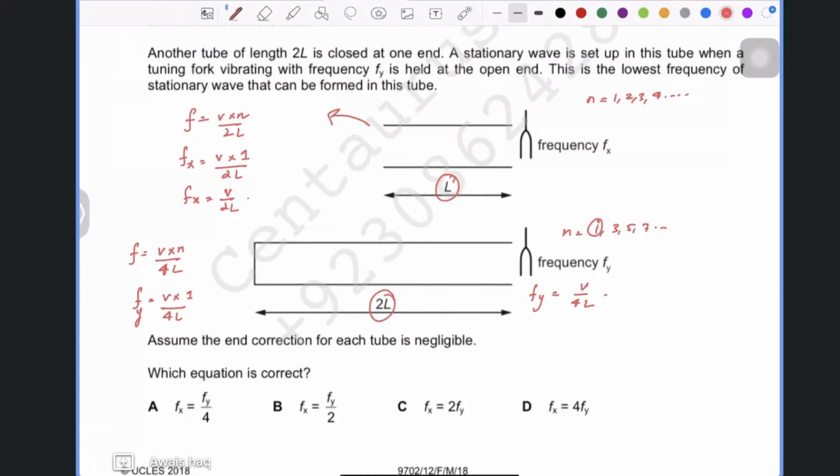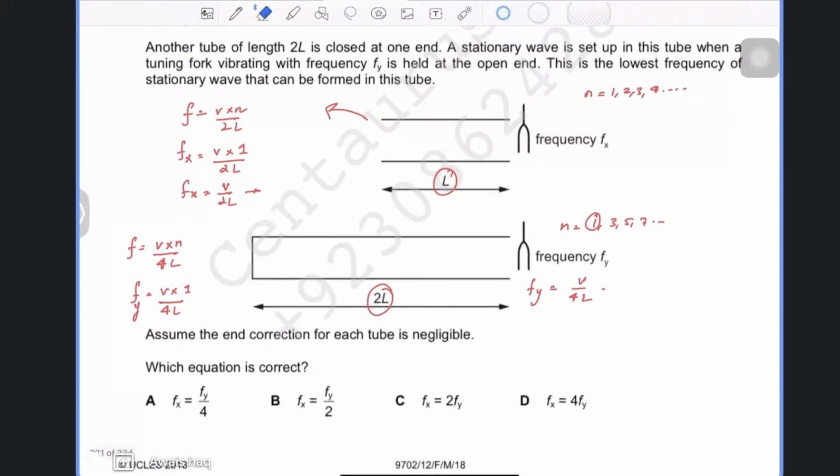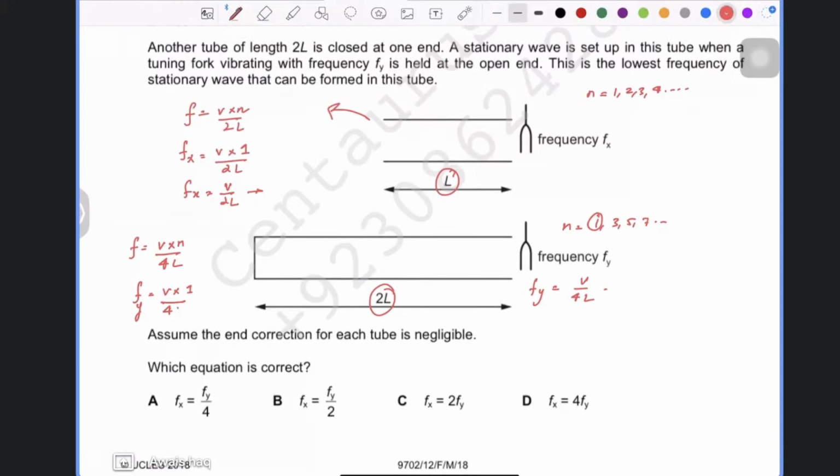Now, oh sorry, in this one the length was also 2L, my bad. So it's going to be 2 times 4, 8L.